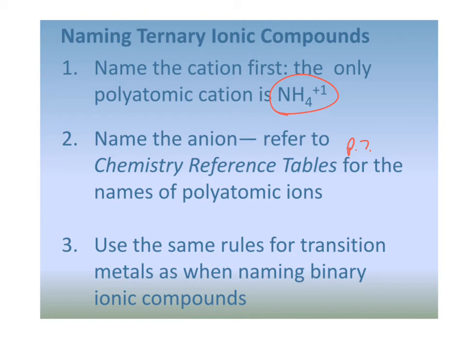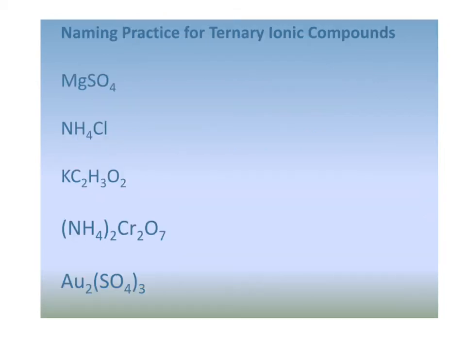And then if you have a transition metal, remember something like copper, manganese, iron, any of those, you have to use the Roman numeral, and we'll do an example of this and figure out the oxidation number of it. Whether it's like this would be copper 2+, so it would be copper(II). You do have to do that same as you do with binary compounds.